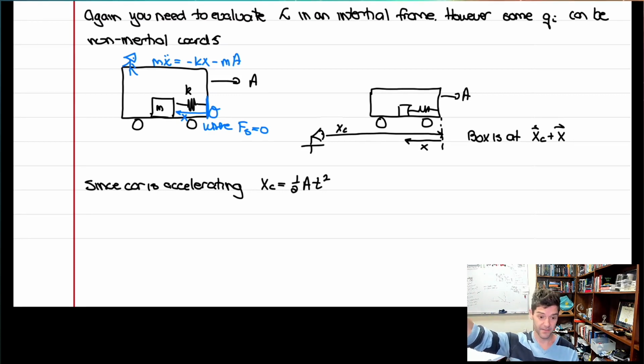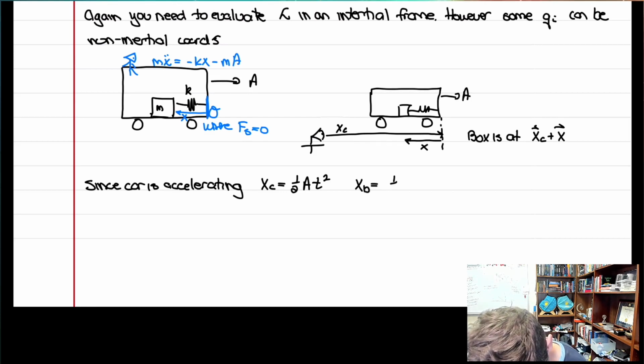And since it's accelerating, its position is given by this simple kinematic equation. So in that case, the box itself is located at 1/2 a t squared plus whatever x is. And x in this case is going to be a negative number, but again, I'm thinking vectors, so I'm still just adding it. So I'm going to plug in negative numbers for x.